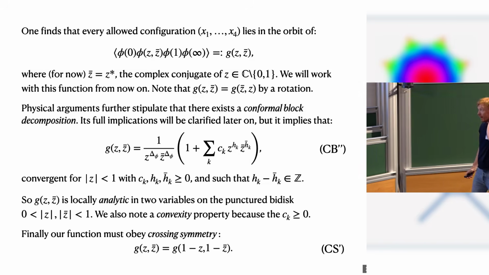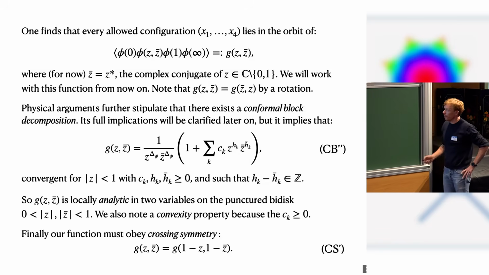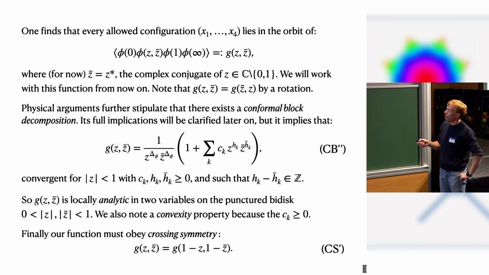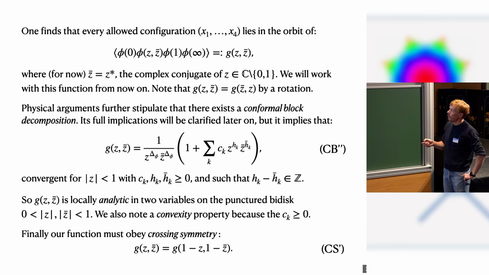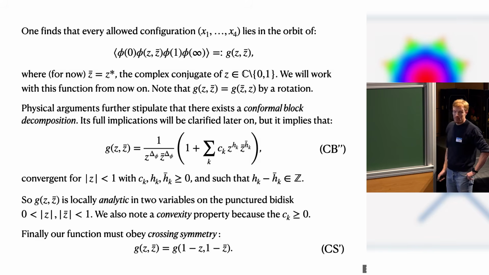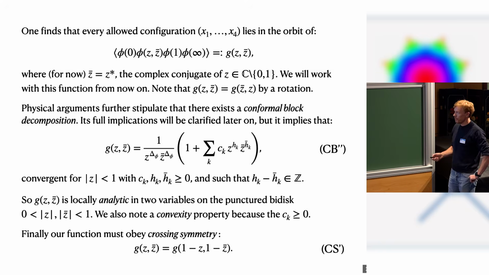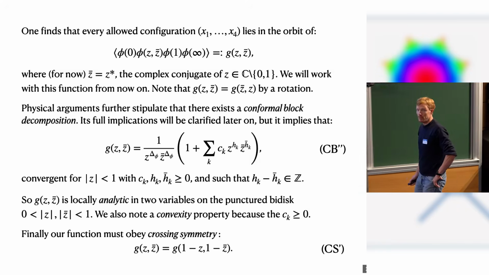And then finally, there is the crossing symmetry, because we have these four points, but all four are the same. So in particular, of course, we can swap 0, 1, and infinity, but as a first approximation, which is why there's a prime, we can swap 0 and 1, and that's basically the same as saying that G is invariant under this transformation.